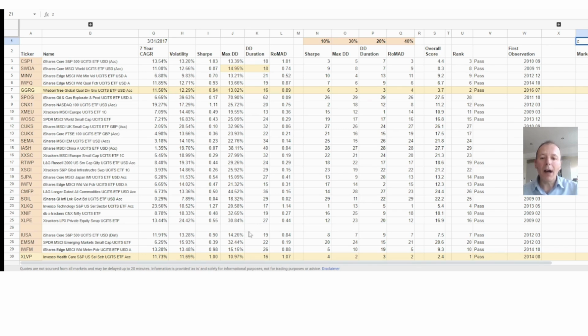And the number one is US healthcare over the last 7 years, where it's got a decent return and then it has actually been fairly stable in its pricing. And then the number two is a fund I've talked about a lot in the past, the WisdomTree Global Quality Dividend Growth. So I'm not just looking at straight price performance, I'm trying to get a blend between diversification, volatility, and price growth.